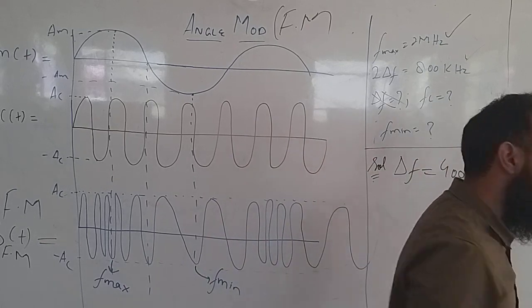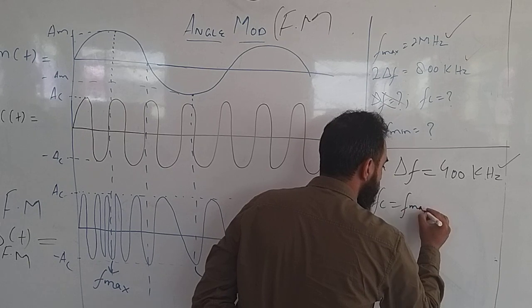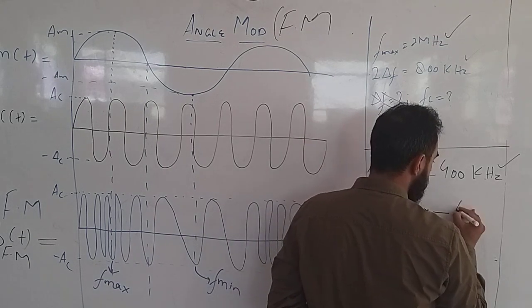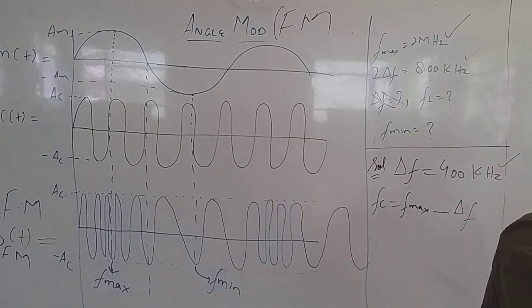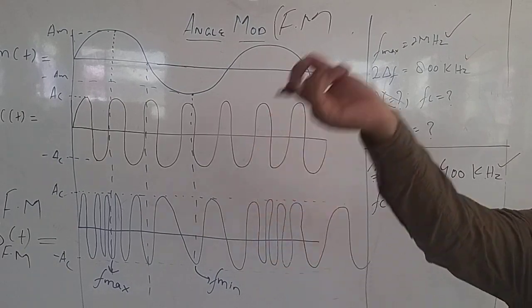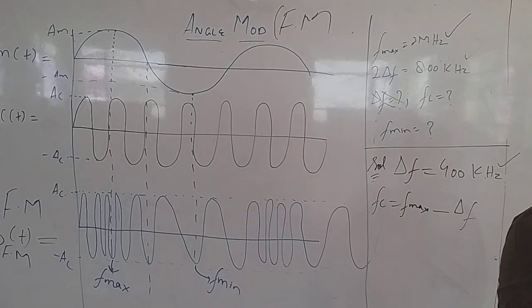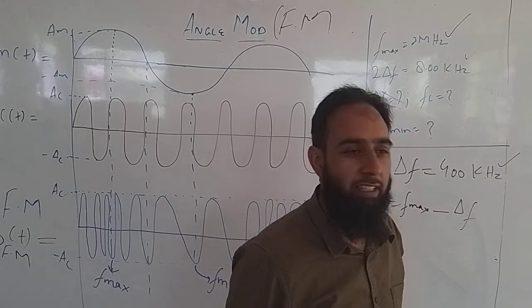For FC, you know FC is equal to F max minus delta F. Right? Because F max is equal to FC plus delta F. You keep FC from one side, delta F goes to other side and becomes minus. This is mathematics from 8th class.